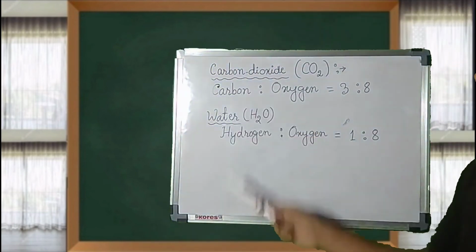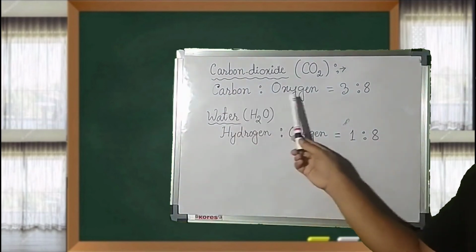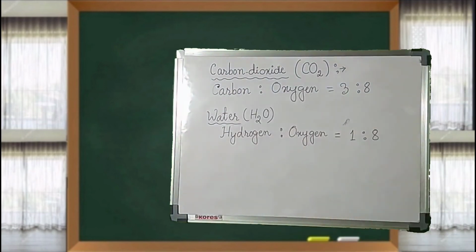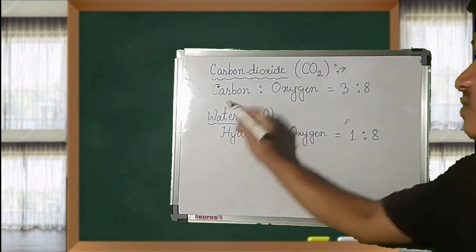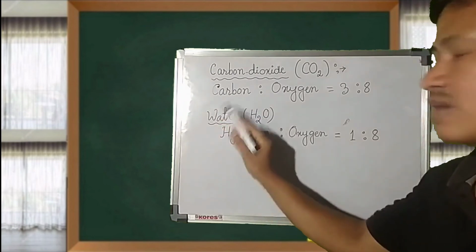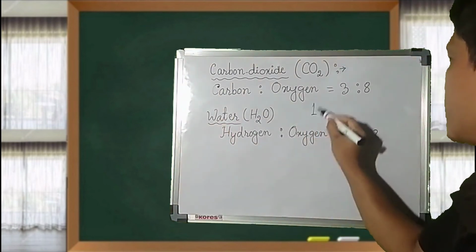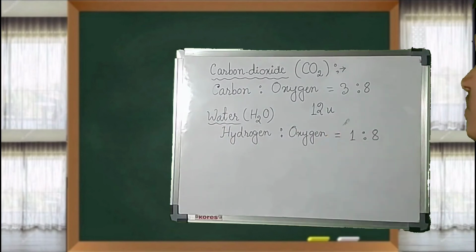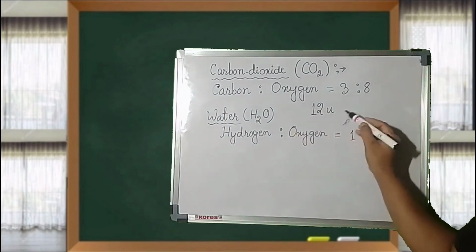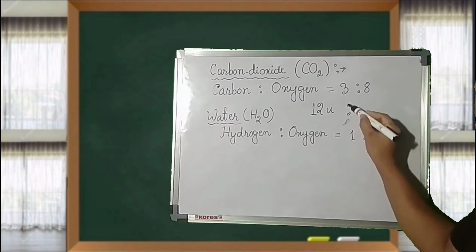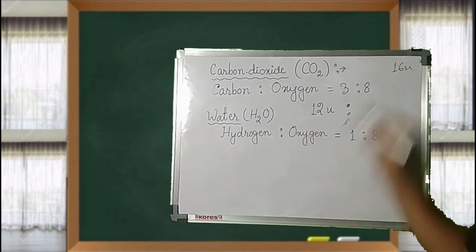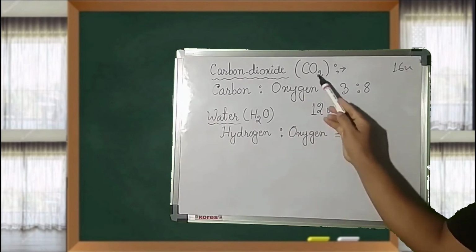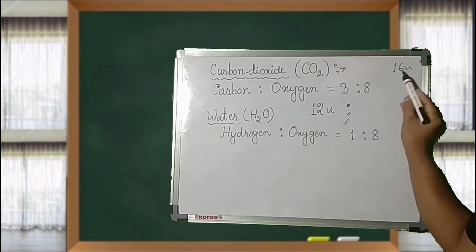Here in the carbon dioxide compound, the ratio of the masses of carbon and oxygen is 3:8. The mass of one carbon element is 12u, and that of one oxygen element is 16u. There are two oxygen elements, so 16 twos are 32.